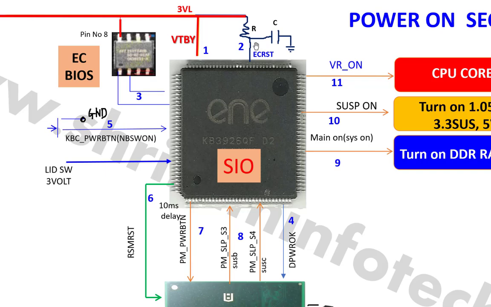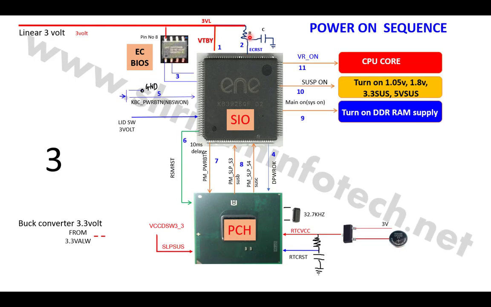So after the 3 volt is given to the SIO, a few milliseconds later the EC reset signal is generated. That means V standby gets 3 volt, and ECRST also gets 3 volt a few milliseconds later. These are step number 1 and step number 2.